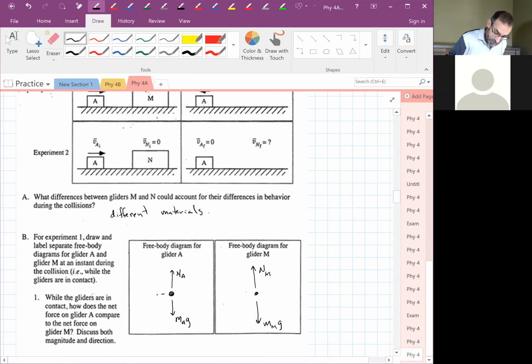So there's a force here, M on A, that's an M. And on the other one, there's a force to the right, A on M. This is an M.